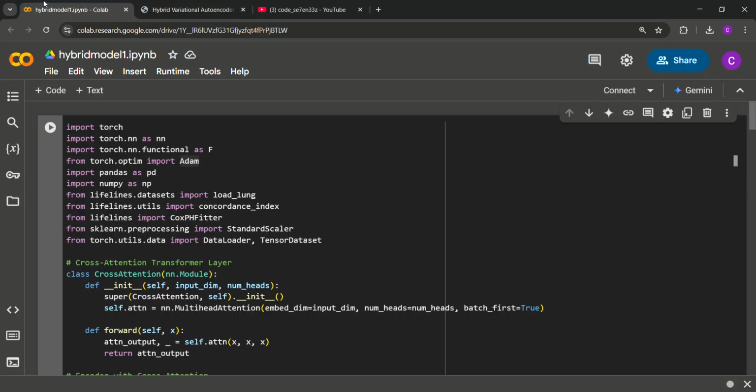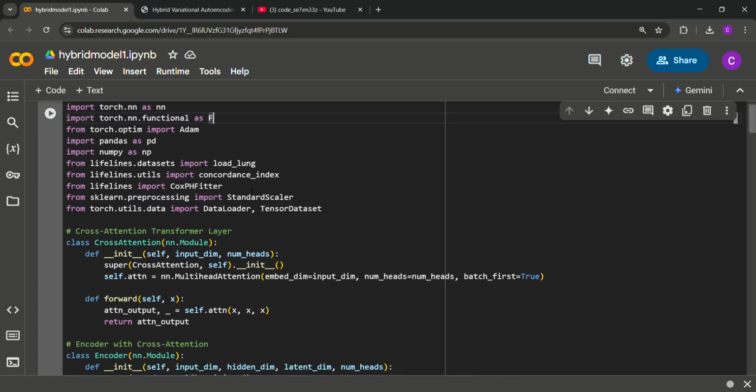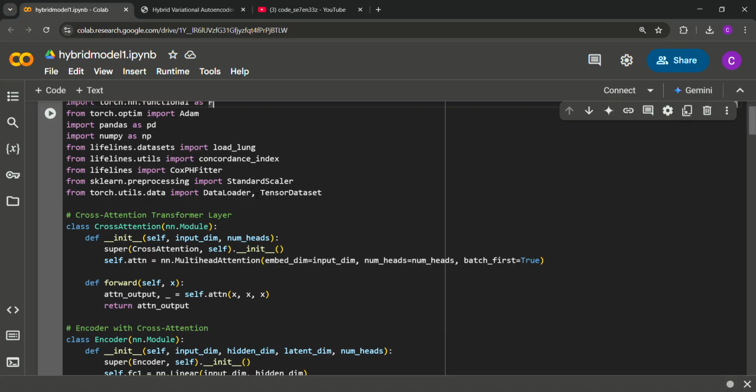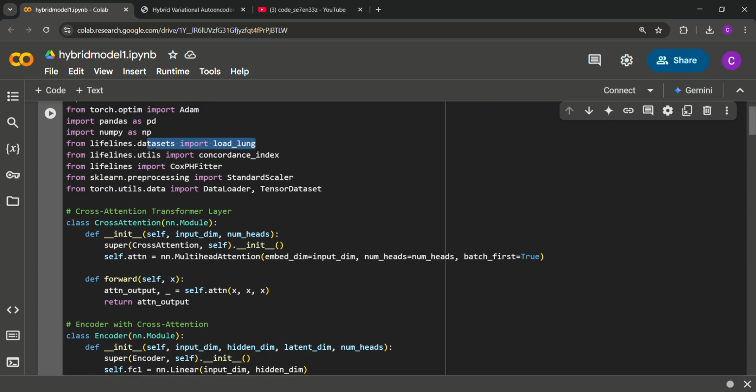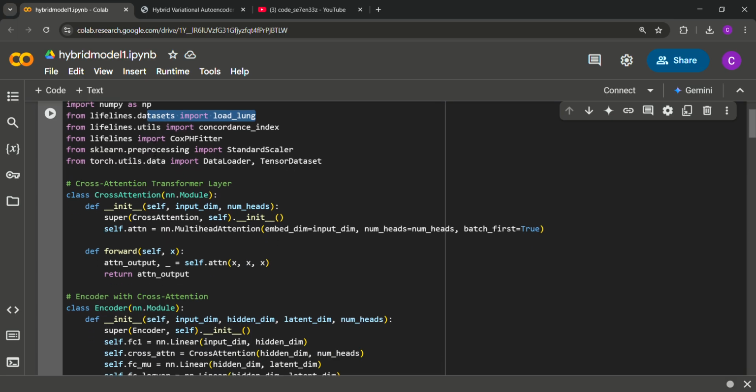Now let's see the code. First, we import the necessary Python libraries. For building and training our deep learning model, we have imported these three functions. Lifelines for survival analysis, including the Cox model and concordance index.